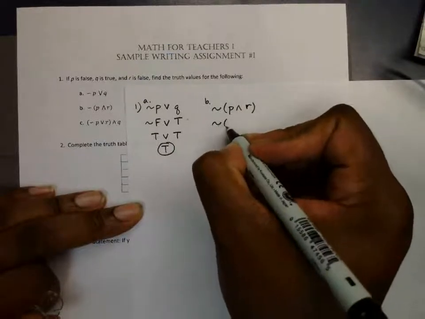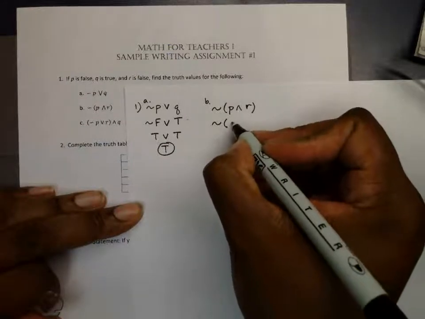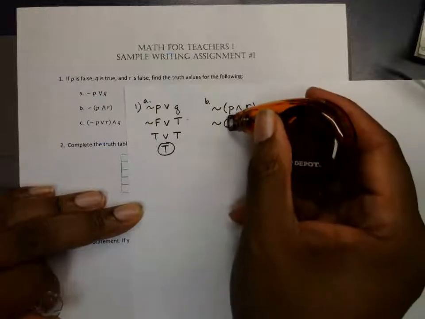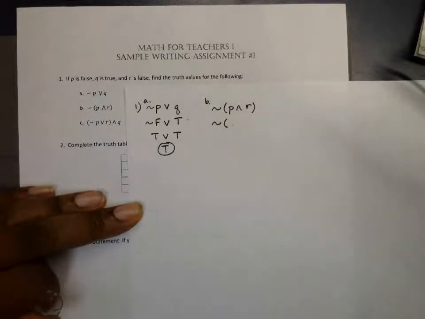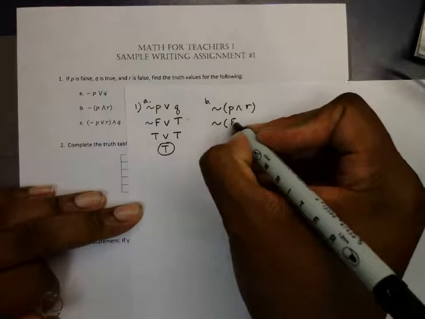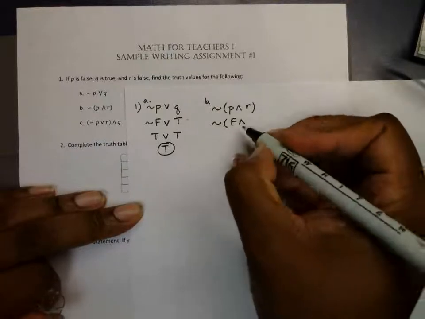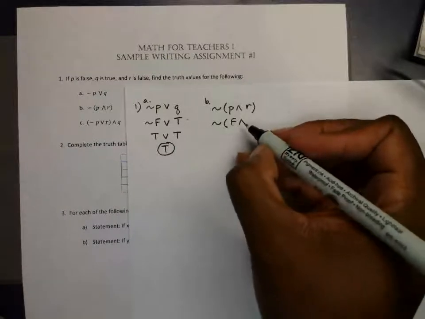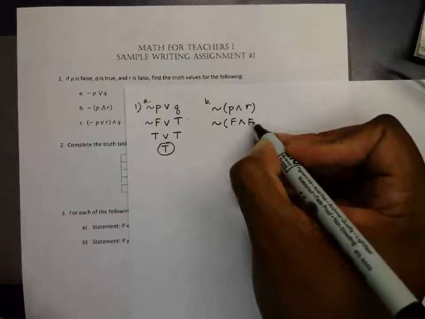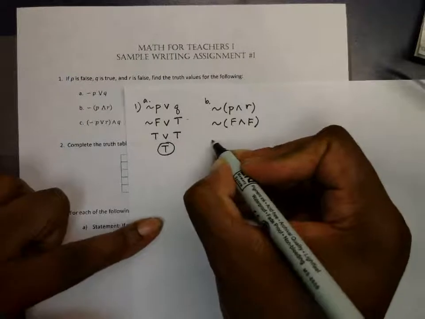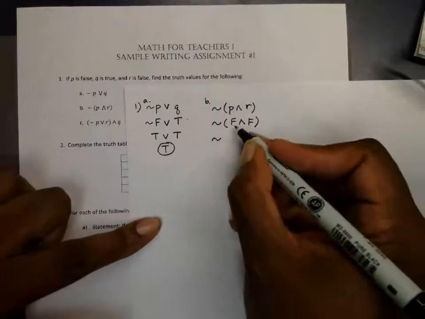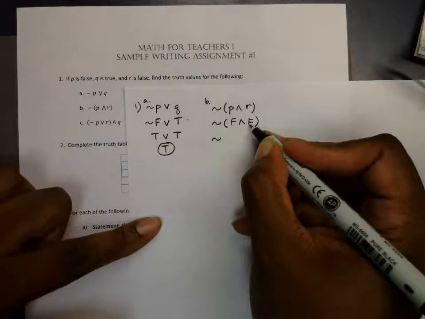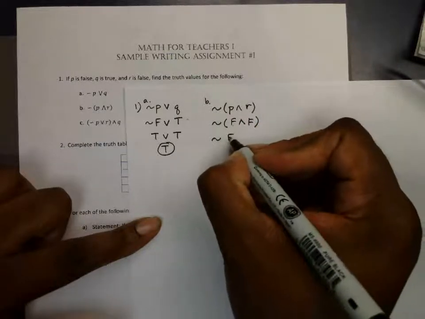So bring down the negation, replace the P with false, because that's what P is. P is false in that problem. And then and, which is the upside down V, R is false. Well, in this case, false and false has to be false.